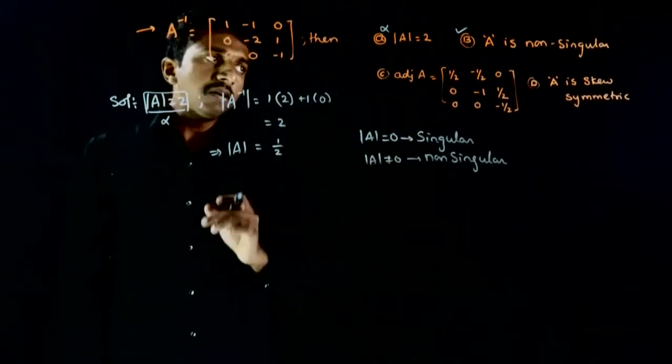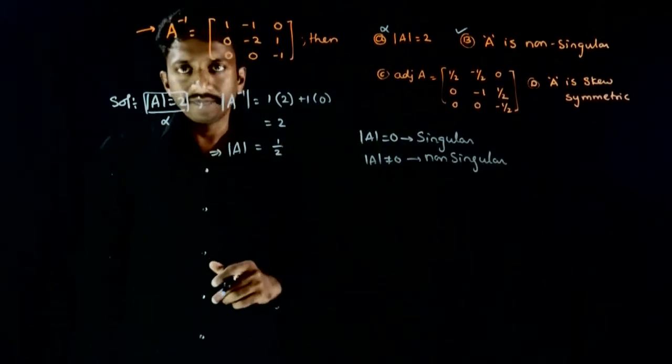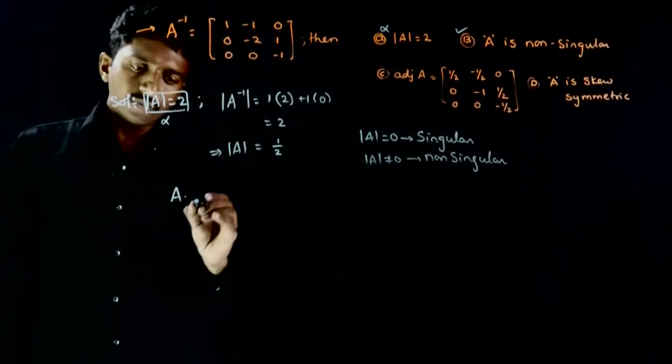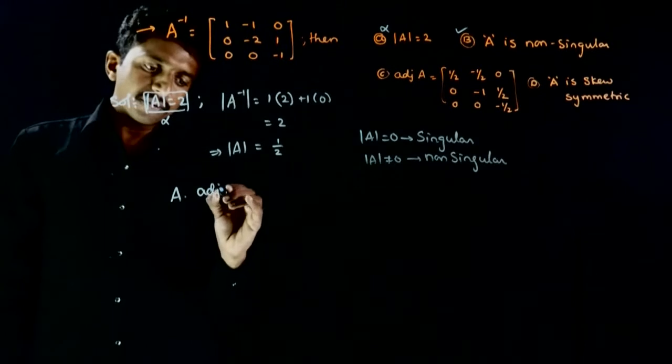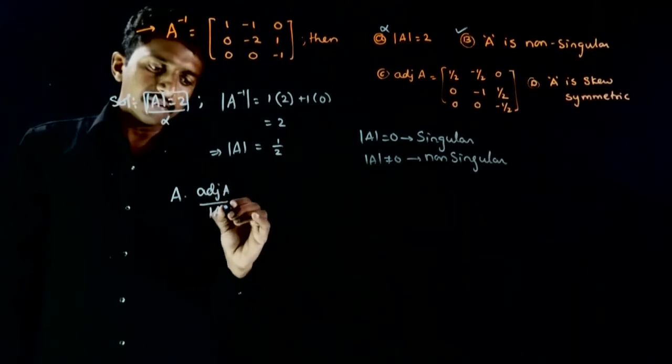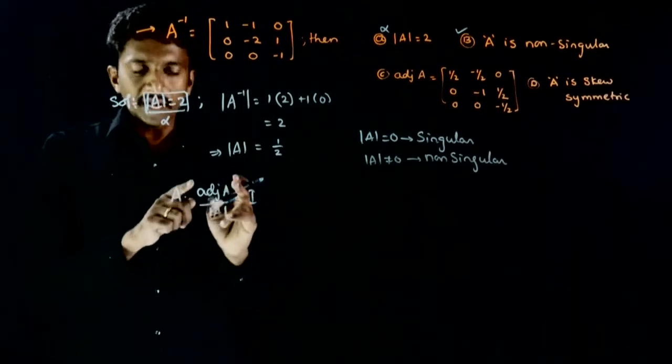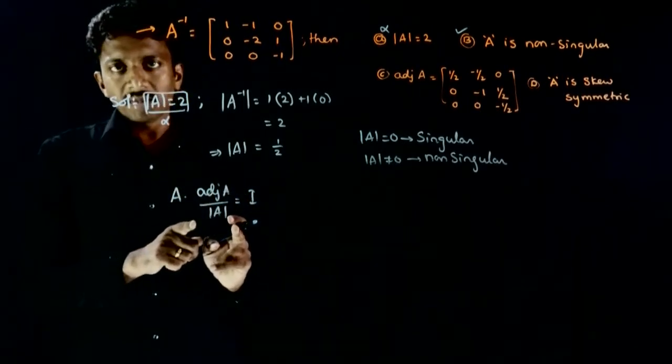Next, you're being asked to calculate adjoint of A. So इसके लिए हम क्या करेंगे देखिए. A into adjoint of A by det A is equal to I, because adjoint of A by det A is nothing but A inverse.